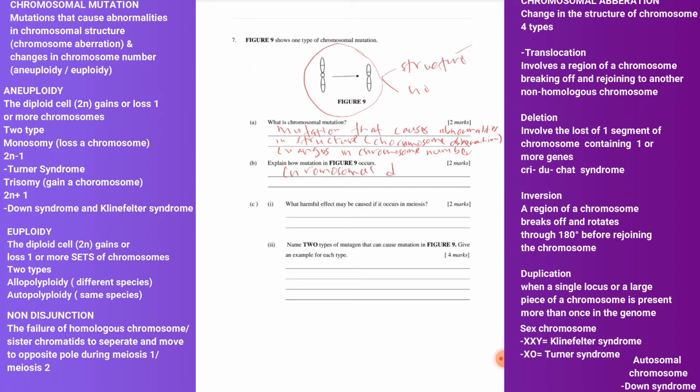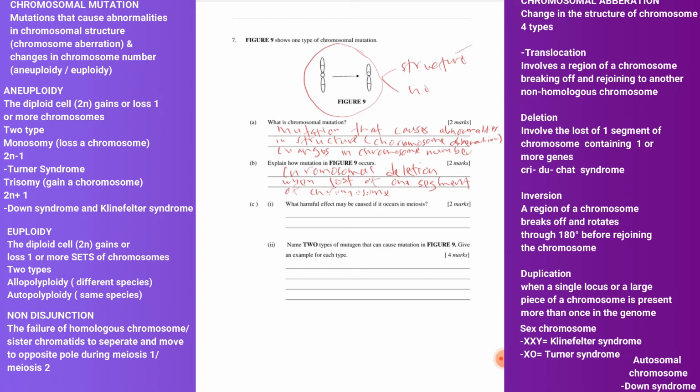Chromosomal deletion occurs when there is loss of one segment of chromosome containing one or more genes.